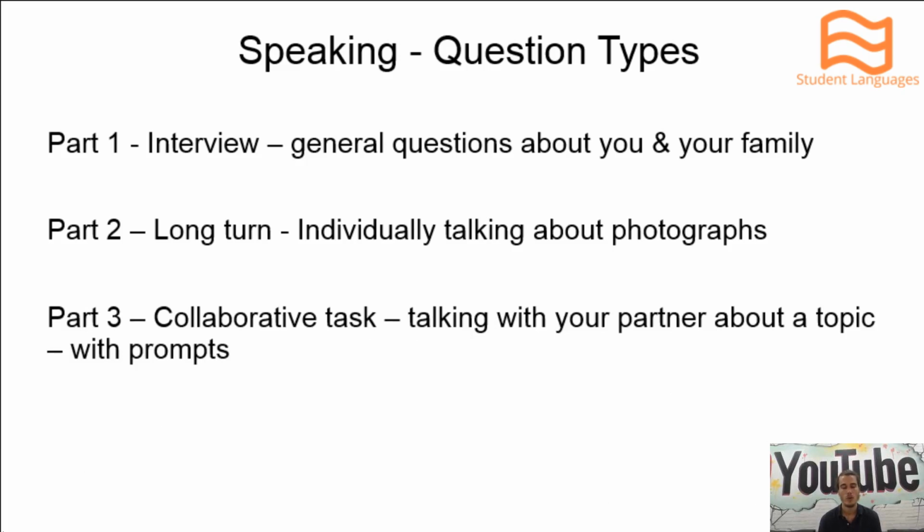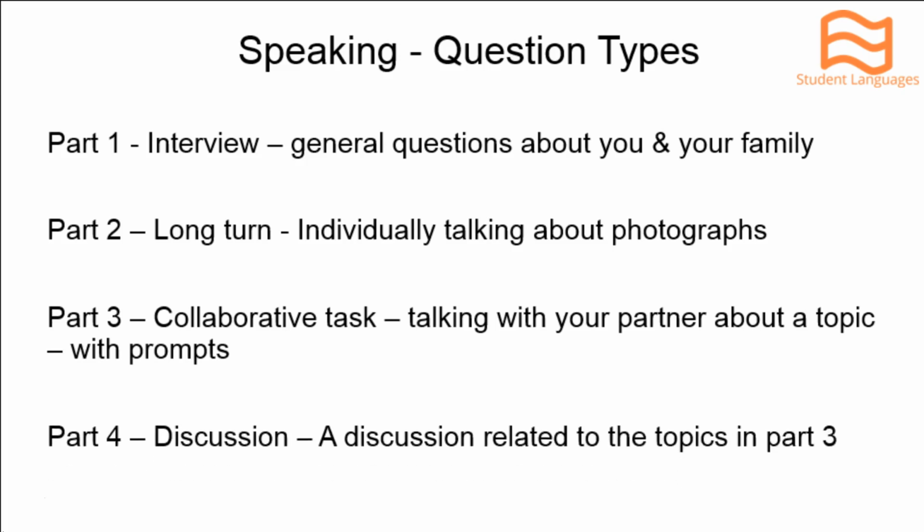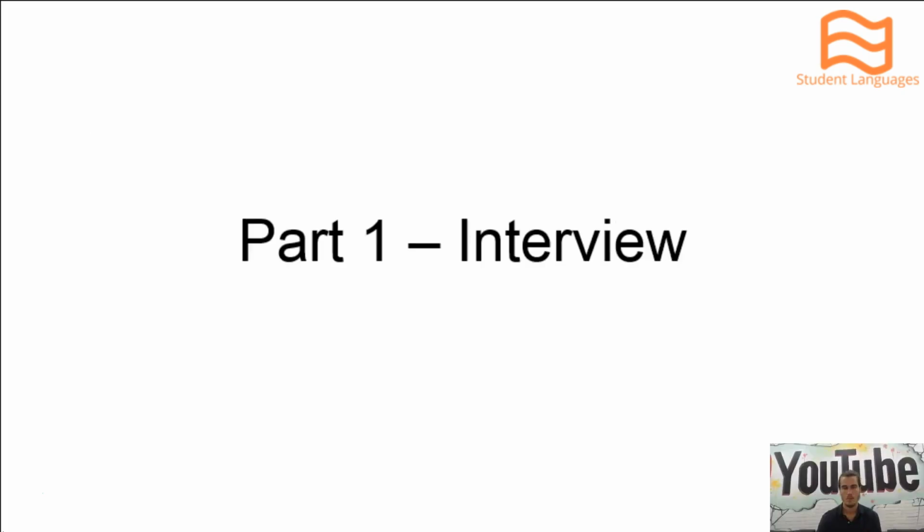Part 3 is called the collaborative task, and this is where you talk with a partner, another candidate, about one topic, and you have some useful ideas to help with this discussion. And part 4 is a discussion with the examiner and with the other candidate related to the topics in part 3. So let's have a look in a bit more detail at each of these sections.